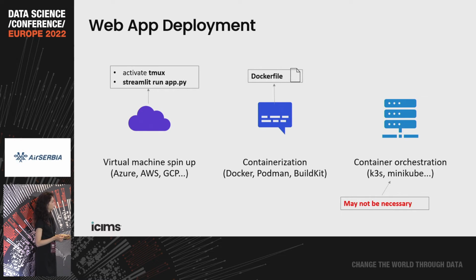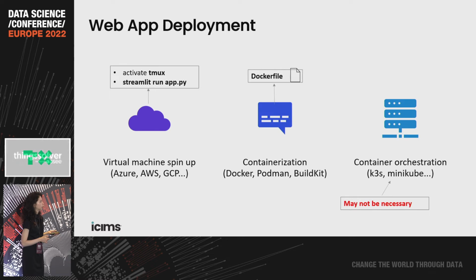It's also advisable to Dockerize your application so it can be easily transferred to another cloud, or shared with other data scientists in your team. Container orchestration may not be necessary if it's just an internal application and not many users would use it.